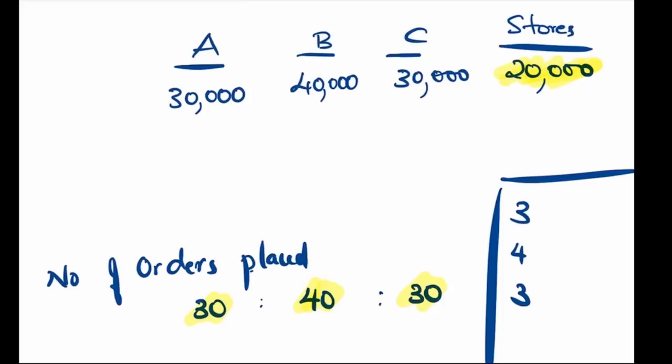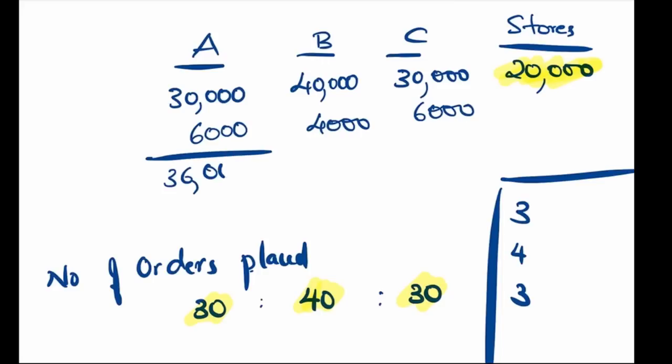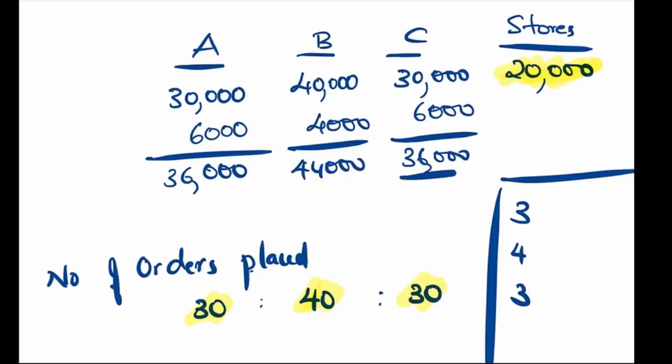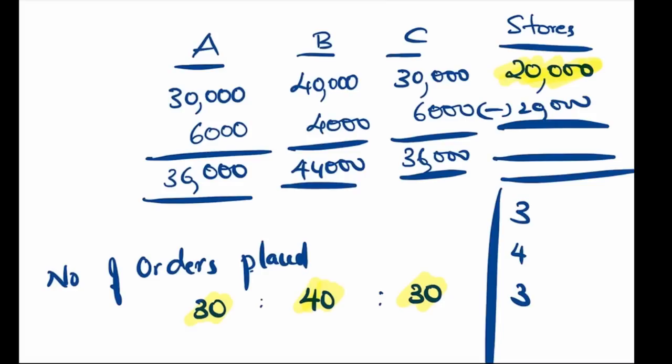So that shall be 6,000, 4,000 and 6,000 respectively. Now this method of splitting the cost of the service department back to the production department, we call it reapportionment.